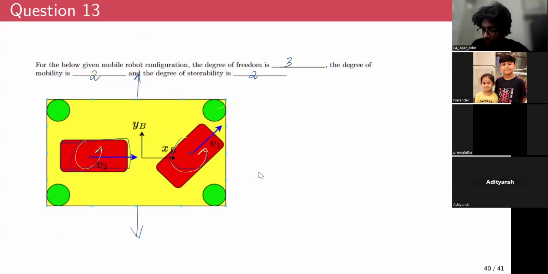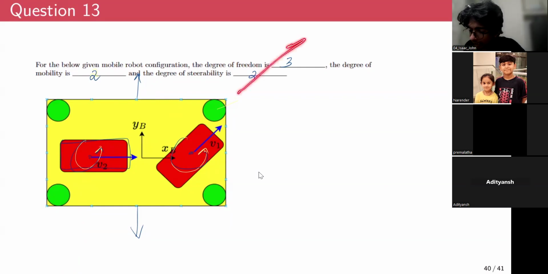But these sort of mechanisms, they can simply tilt their wheels like this, and then simply drive off in this direction. So their motion capability is different, but they still only have 3 degrees of freedom, but they are far more maneuverable than a car.